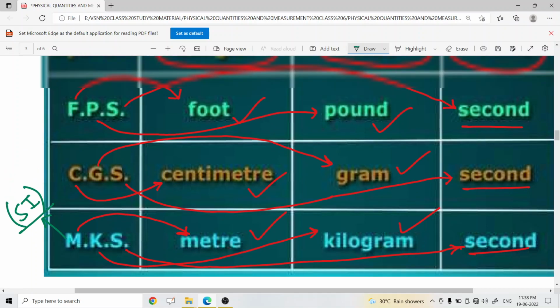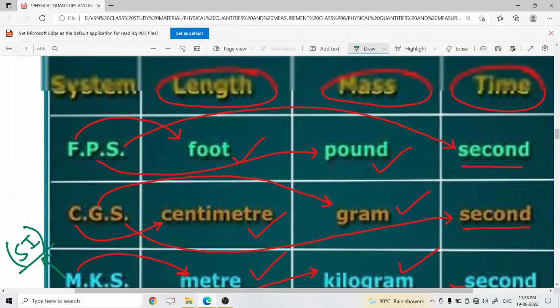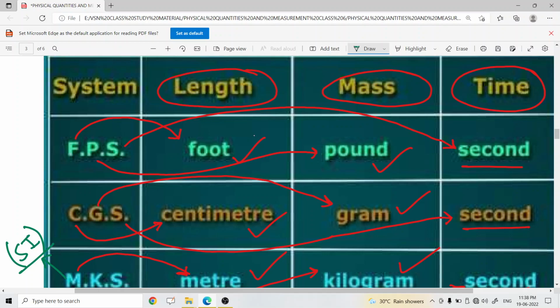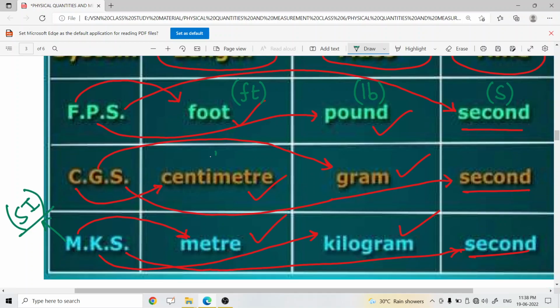Here we also have to know some symbols. For foot we generally use ft, in small letters. For pound we use lb, that is the symbol of pound, and for second we use small s. For centimeter we use cm, small.